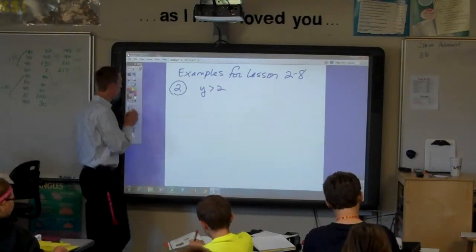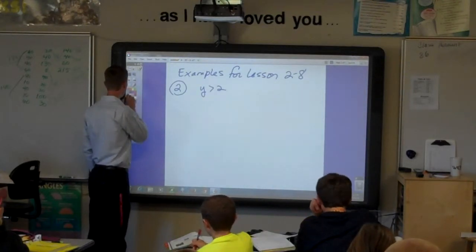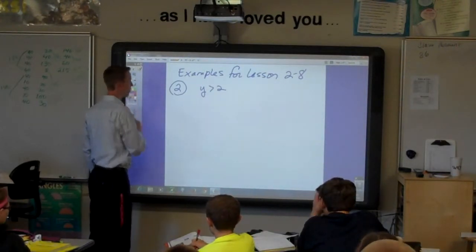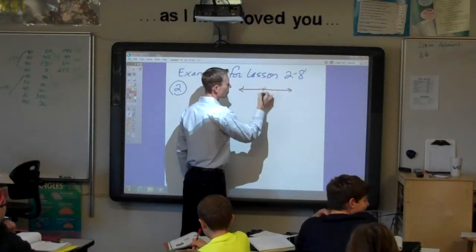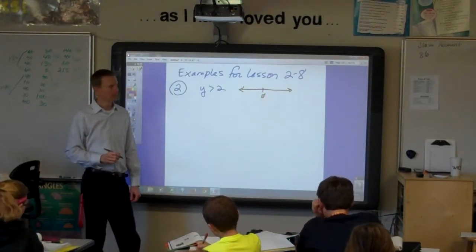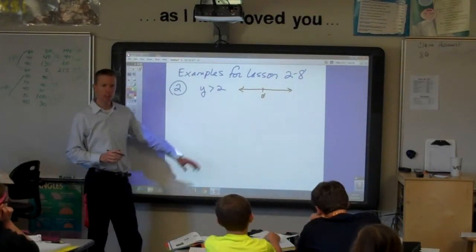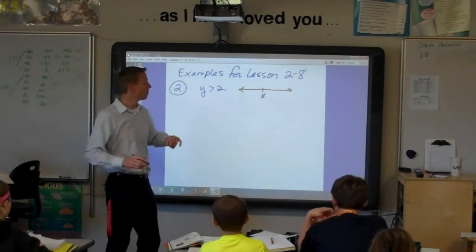So here's what you need to do. You need to draw a number line. Draw a number line next to it. And mark 0 on the number line. Remember, this procedure is in your notes, so make sure that you follow all these steps.